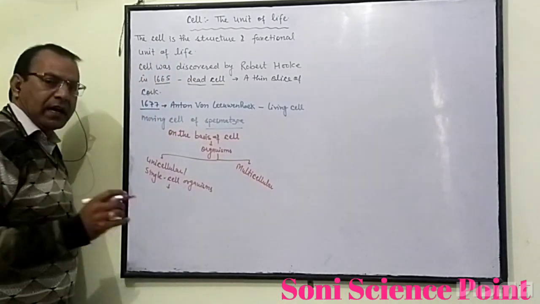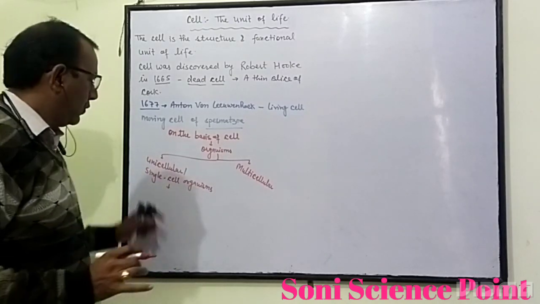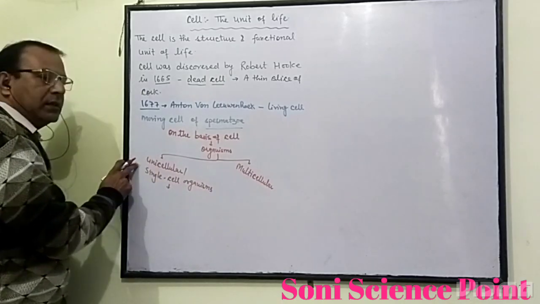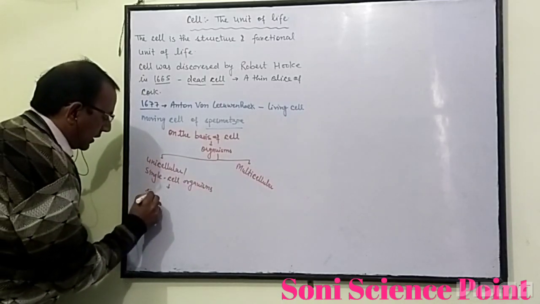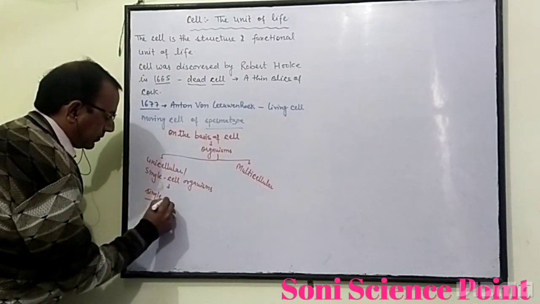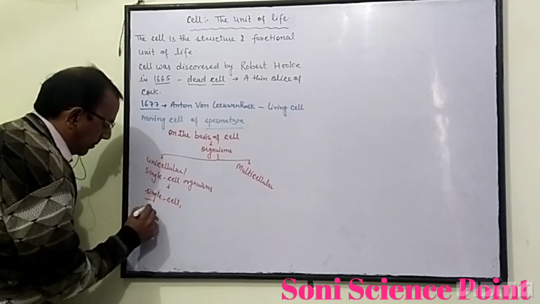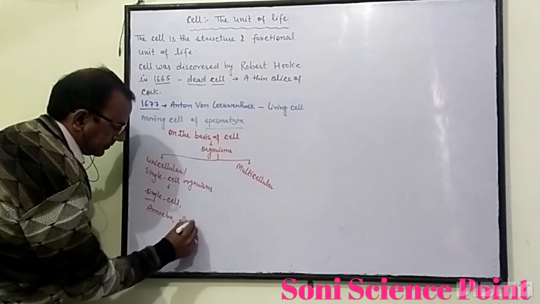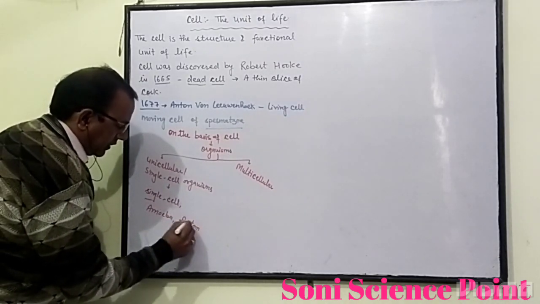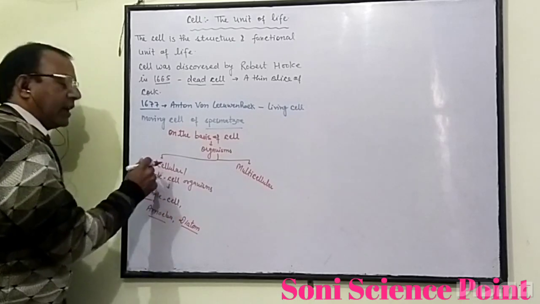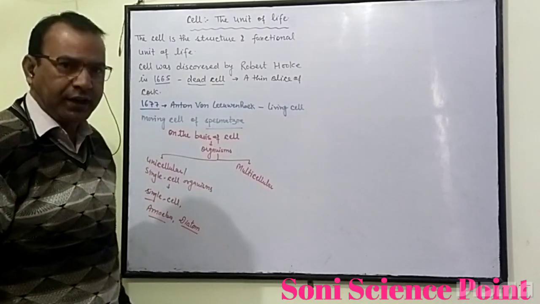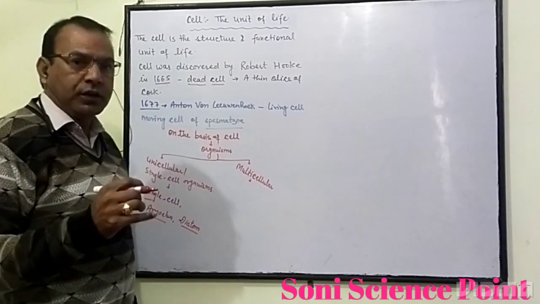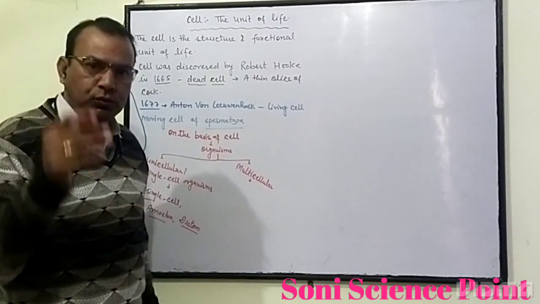The organisms whose body is made up of only a single cell are called single celled organisms. For example, amoeba and diatom. Multicellular organisms are the organisms which contain two or more cells.